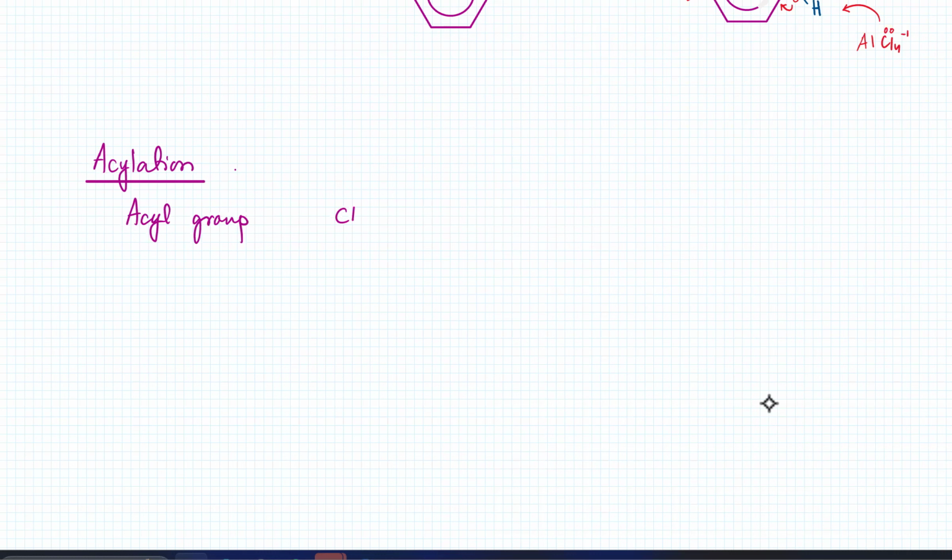It's like a carboxylic acid. For example, I've got a carbon chain, and then there's a C double bond O and Cl. So this thing over here is known as the acyl group.